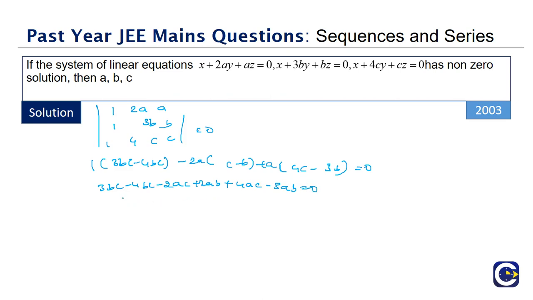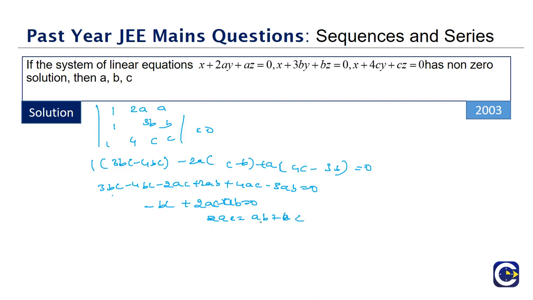So if you simplify this, minus bc, minus 2ac plus 4ac, which is plus 2ac, minus ab is equal to 0.